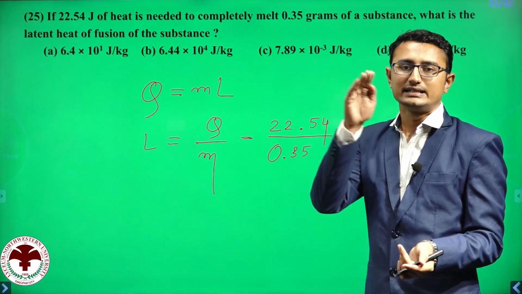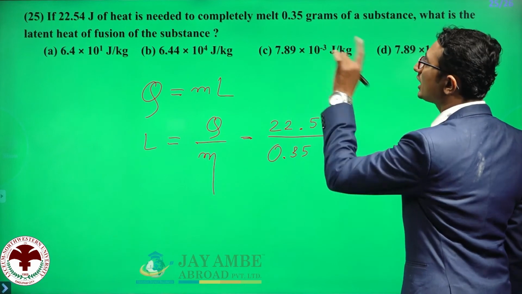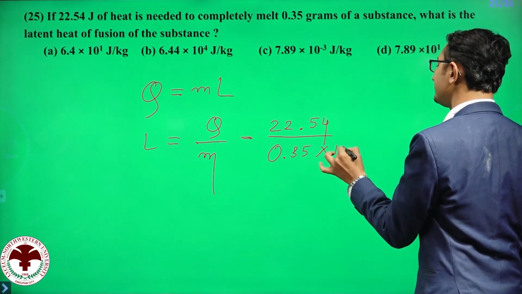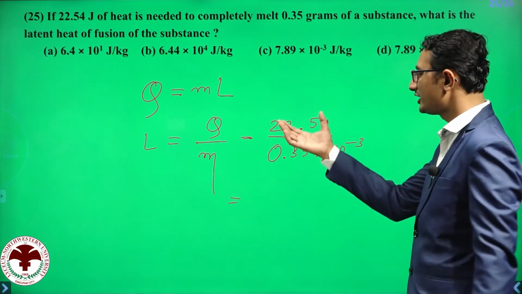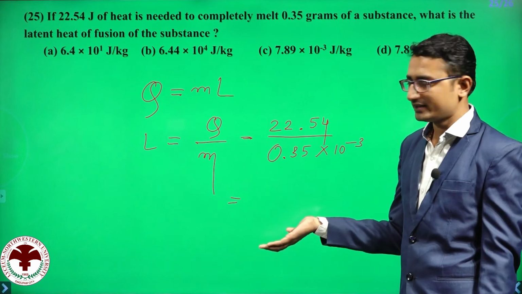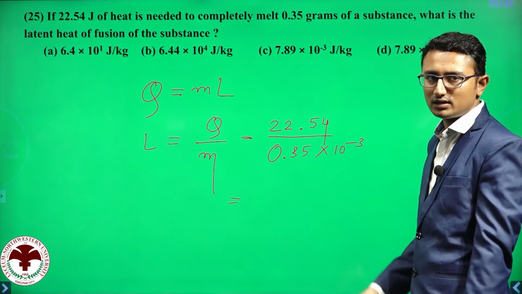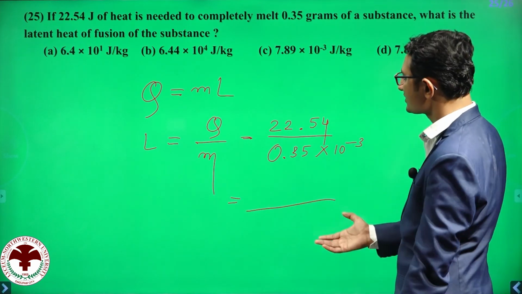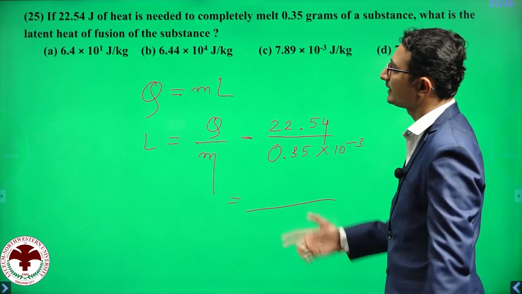So we have to convert gram to the SI unit, kilogram, and that is why we will multiply by 10 to the power minus 3. You just have to calculate 22.54 divided by 0.35, and this 10 to the power minus 3 will be plus in the numerator. Do the calculation properly, and whatever the answer is, that will be your answer.